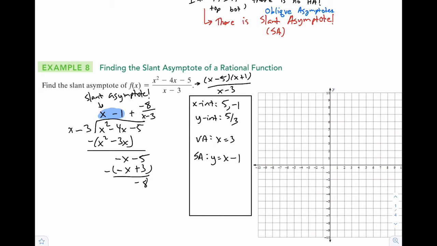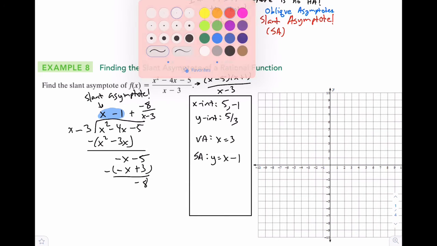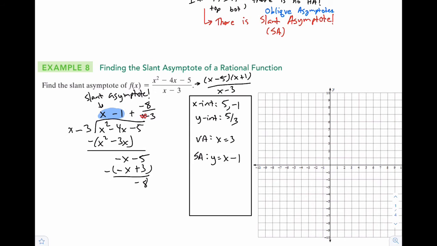Now, if you're wondering what happened, essentially what we just did is we took our original problem, we did long division, and we rewrote it in this form, meaning this problem is equivalent to this thing right here. Now imagine you were to plug in infinity here. Imagine you plug in infinity here, infinity here.